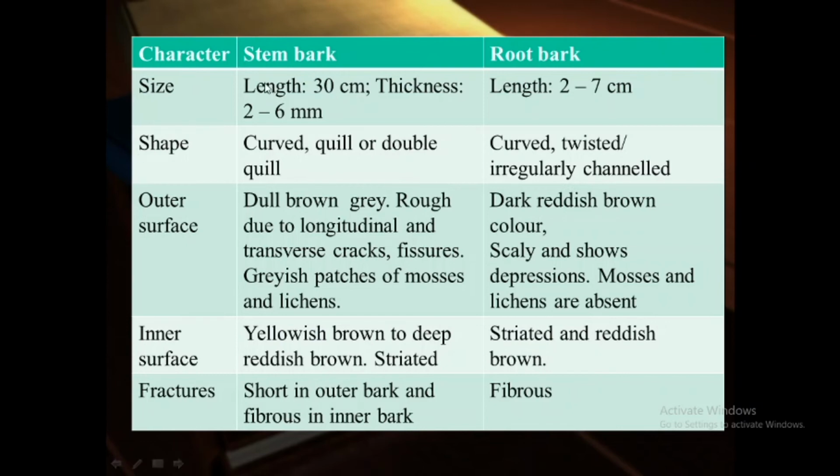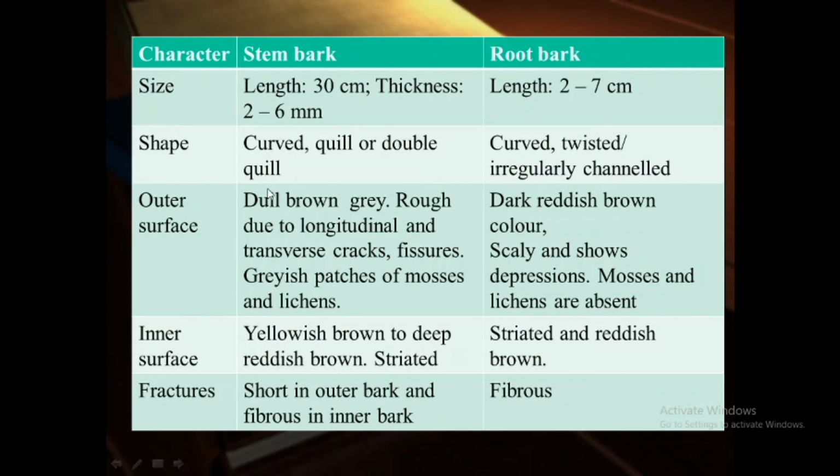The shape of stem Cinchona bark is curved with quill or double quill shape, whereas in case of root bark the shape is twisted or irregularly channeled and curved.